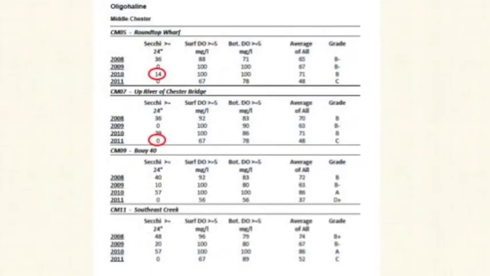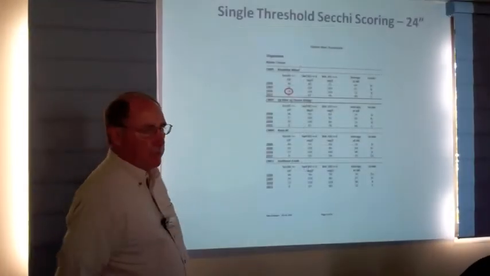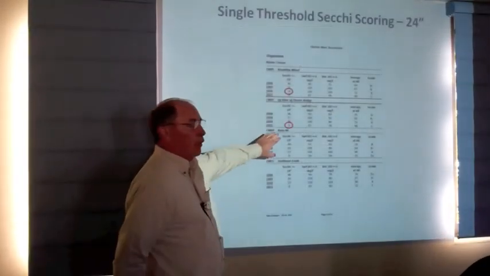This is one of the reports. I know this isn't totally clear, but let's see what happens if you click that. Under the Secchi with a single threshold, 14% attain the threshold. And for example in 2011, using that 24-inch threshold, it is a 0%.